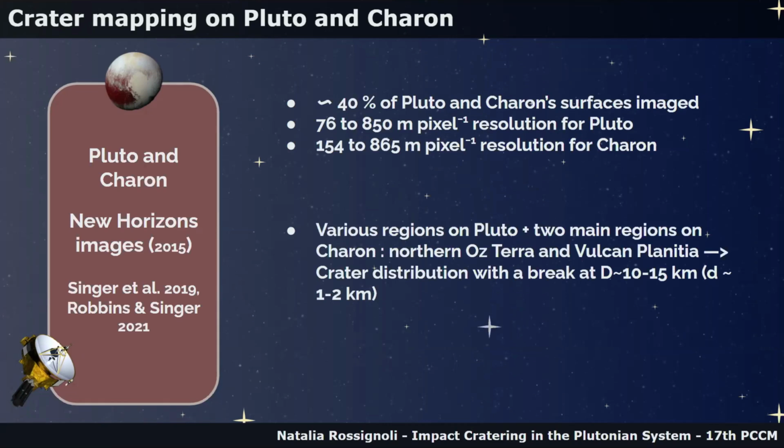What the authors found is that across different regions, the distribution of the craters is steeper for the larger craters and shallower for the smaller craters. We already use a steep slope for the larger craters, but we extend that steep slope into smaller craters. I wanted to mention that the slopes they obtain are, in some cases, consistent with the 3.5 slope that we have been using.